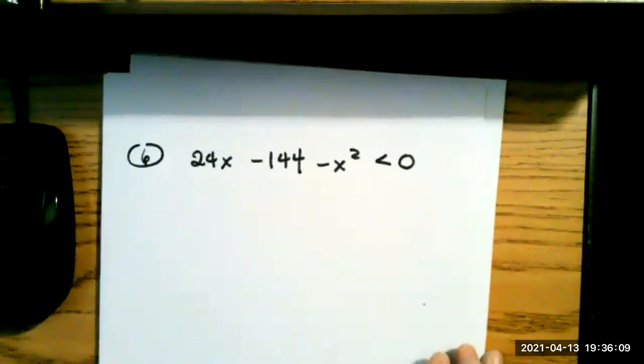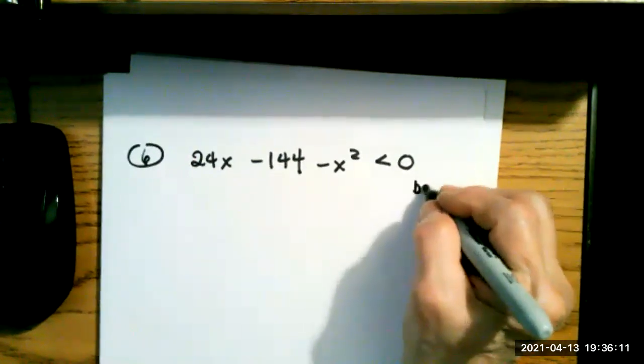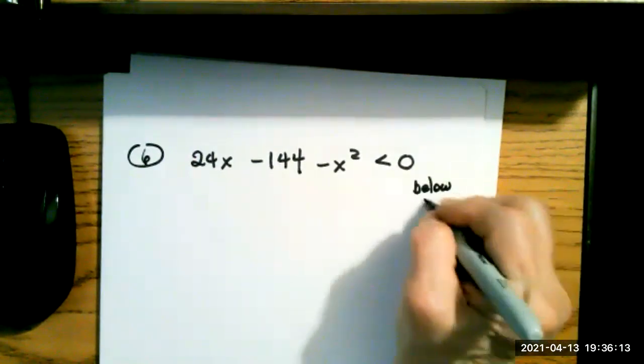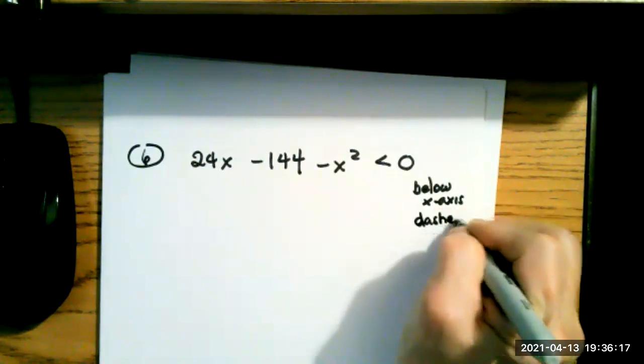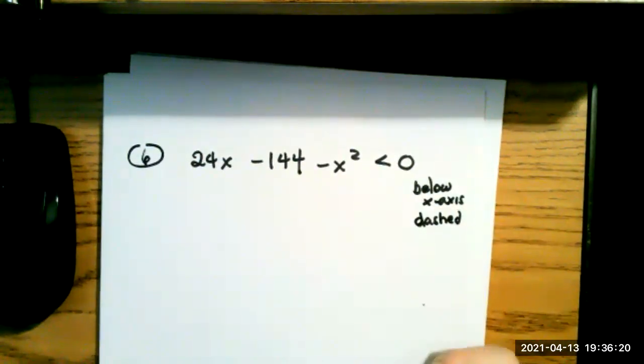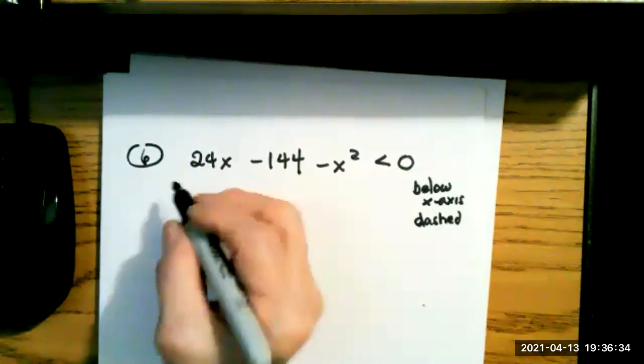So it already has the 0 over there, so I'm thinking below the x-axis. I'm thinking dashed. And then I've got to figure out how to factor this thing. So this is another one of those when my x is squared, and I sure wished it wasn't.